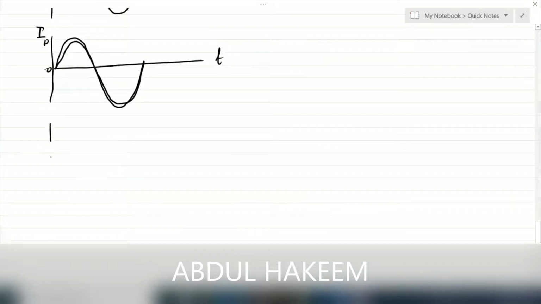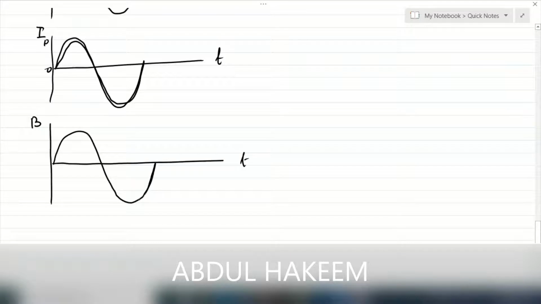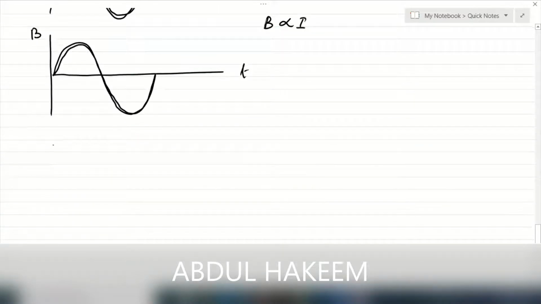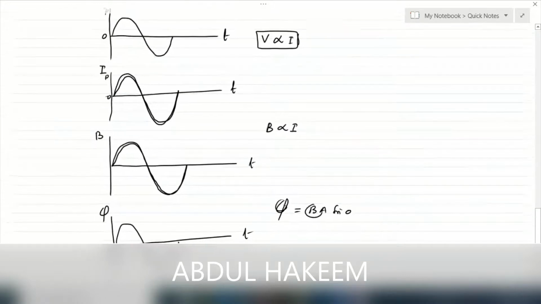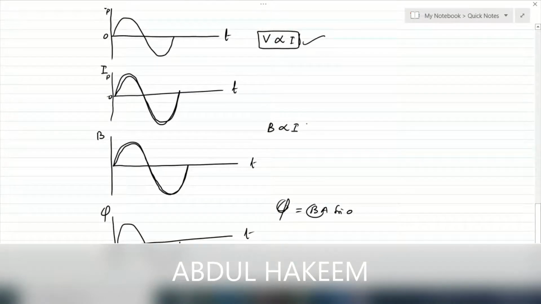Now, magnetic flux density B depends on the current. So the graph of the magnetic flux density will be the same because B is directly proportional to I. And similarly, the magnetic flux phi is also directly proportional to B because phi is equal to BA sine theta. So look, these are the four graphs due to directly proportional relations: V directly proportional to I, B directly proportional to I, and phi directly proportional to B.